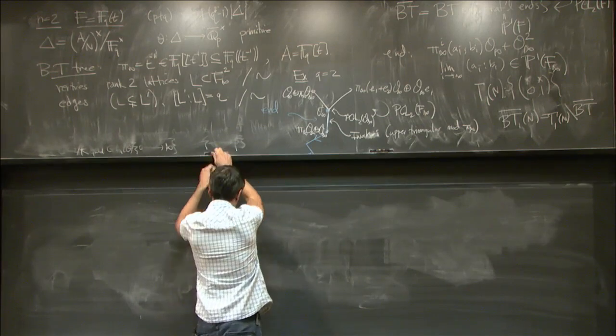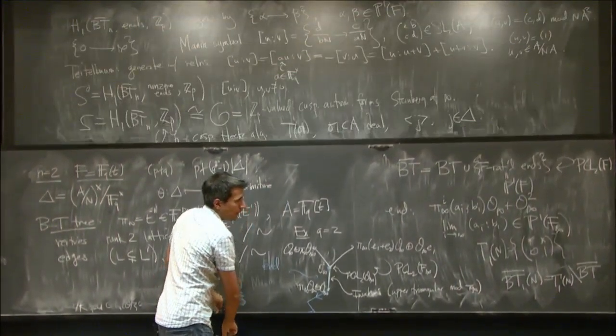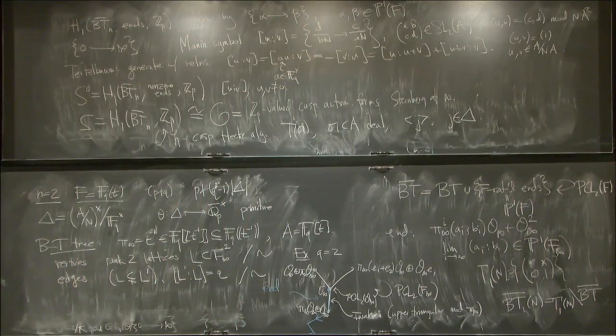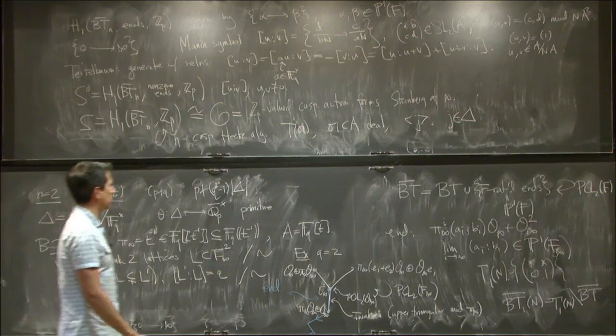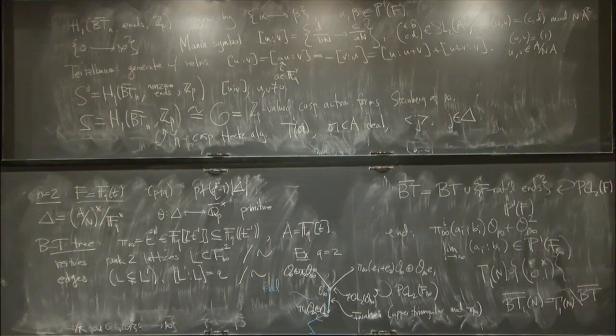OK, much as before. So from this, we can, of course, then form an Eisenstein ideal. But let me switch to what we have on the arithmetic side.